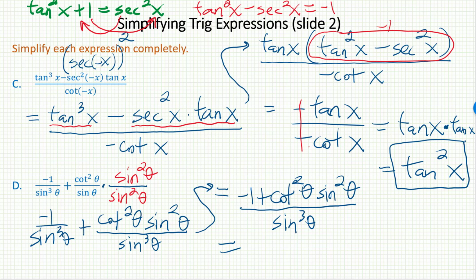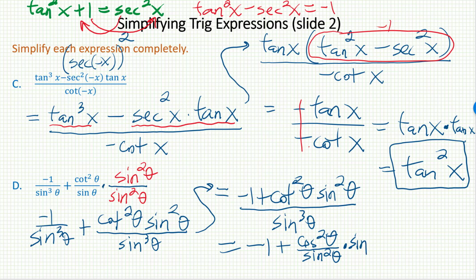Now that I have that, I think it would be a good idea to switch over to sine and cosine. In fact, this is going to work out really, really nice. Cotangent theta is equal to cosine over sine because of the quotient identity. Now I do have the squared, so this will be cosine squared theta over sine squared theta.